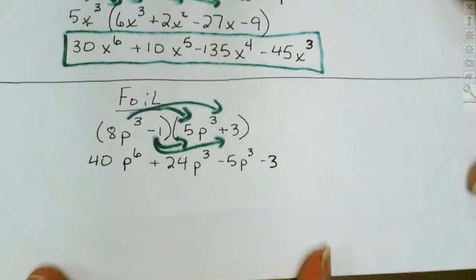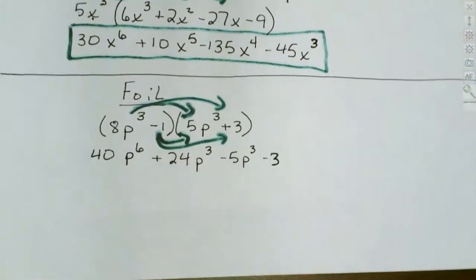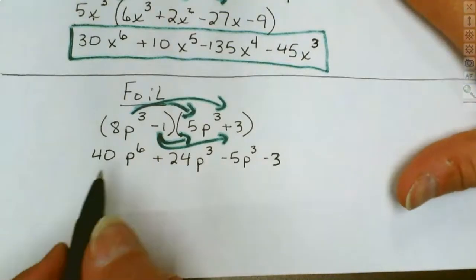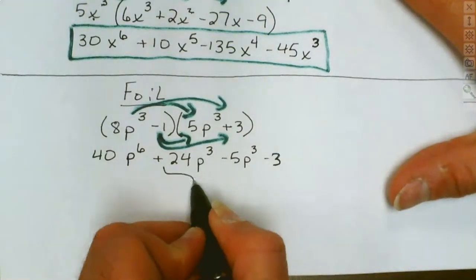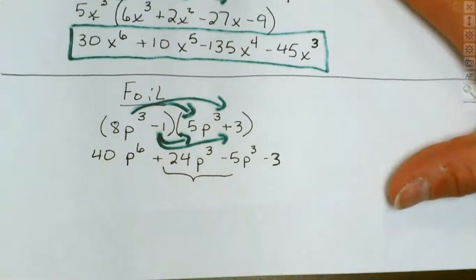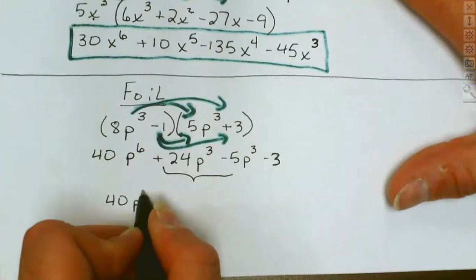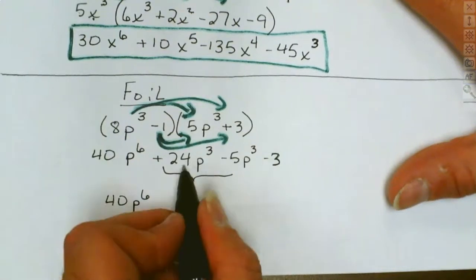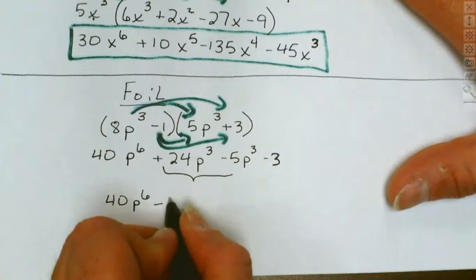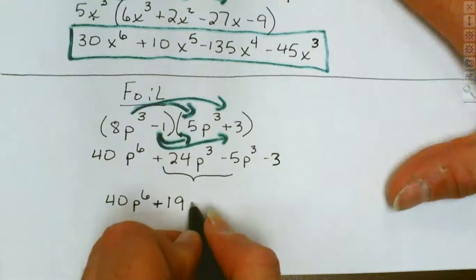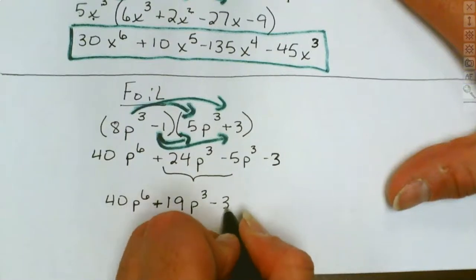Always check: in this case, can the middles go together? Yeah. Why? Because they have the same exponents. The last one they couldn't. This one they can. So these can go together. And that makes our final answer then 40 p to the 6th, 24 minus 5 makes it a positive 19 p cubed, minus 3 on the end.